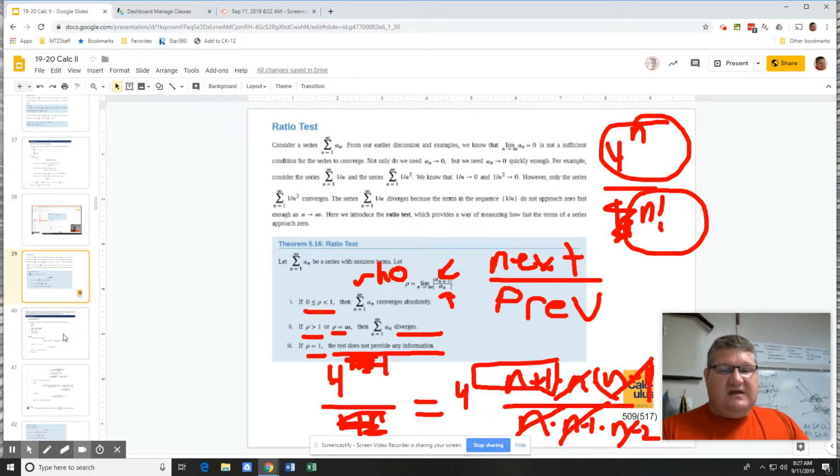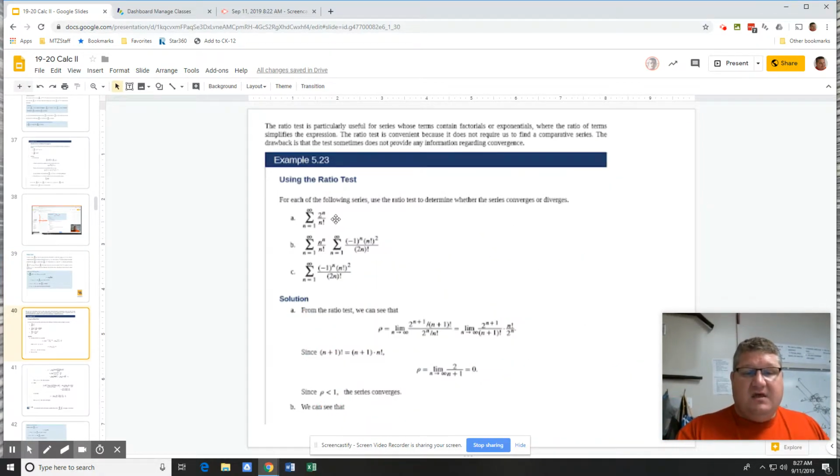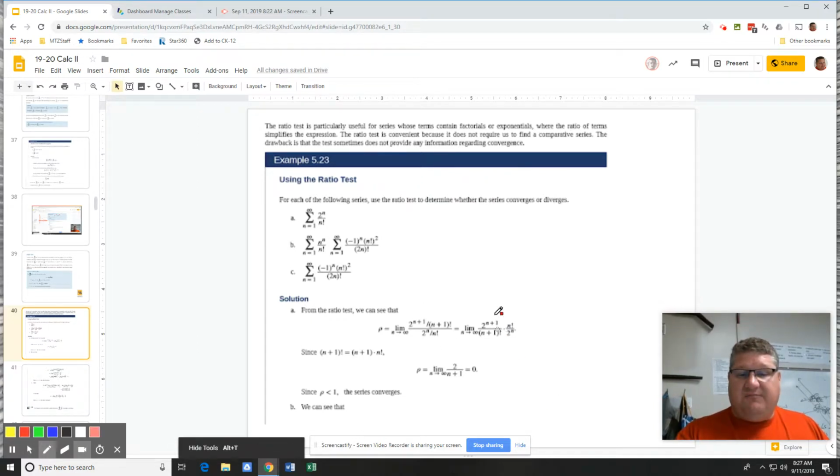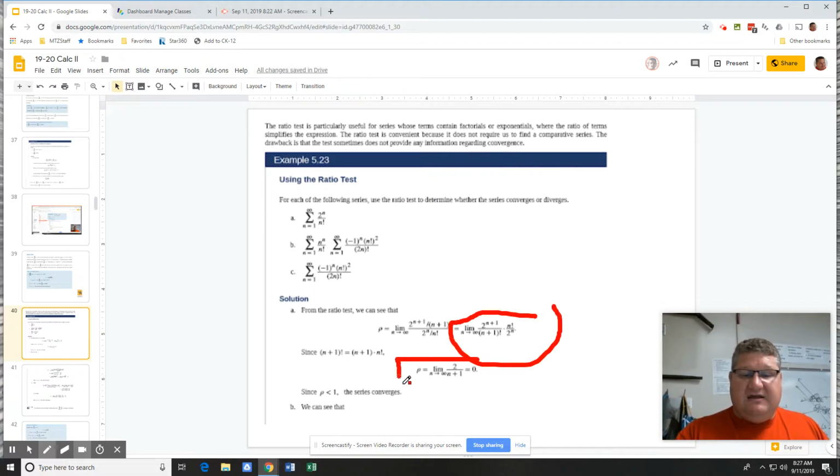All right, so if you take a look down here for an example, they literally take this example, you add 1, add 1, add 1, then you simplify by flipping, and you get down to this. Now, what happens when I take the limit as n approaches infinity? I get 0. So wait a minute.